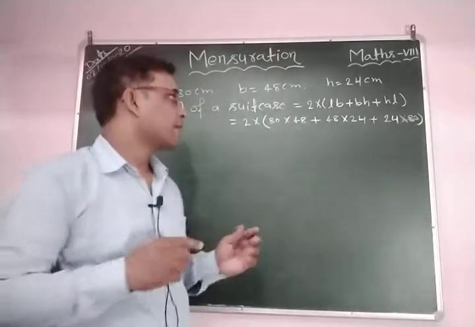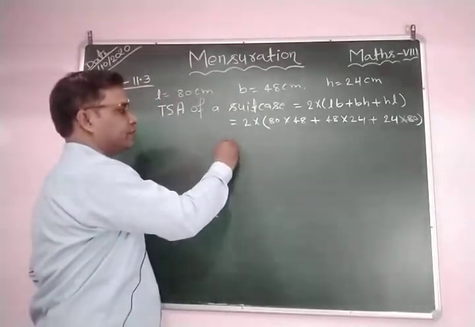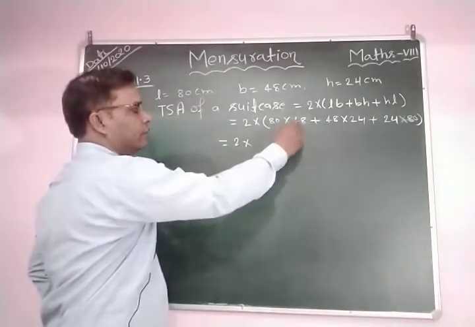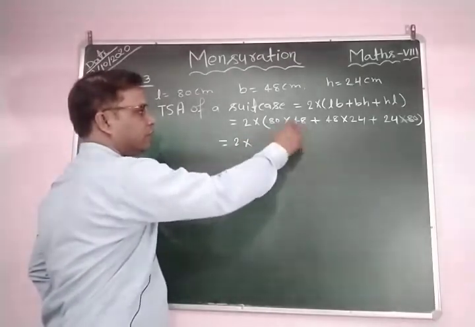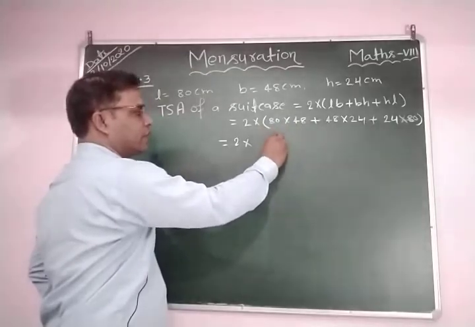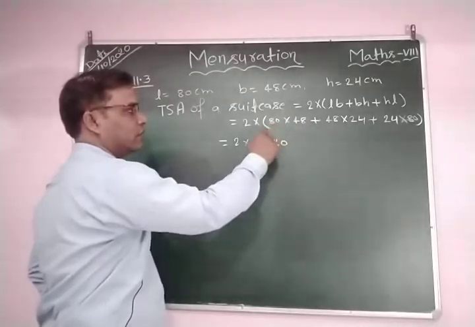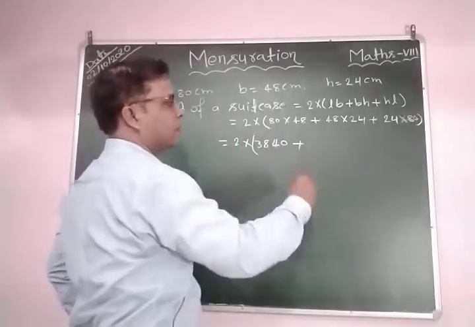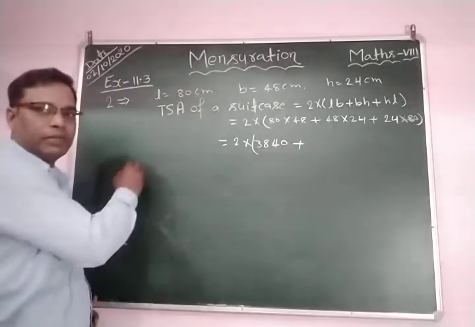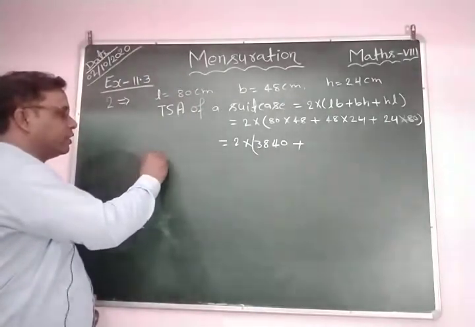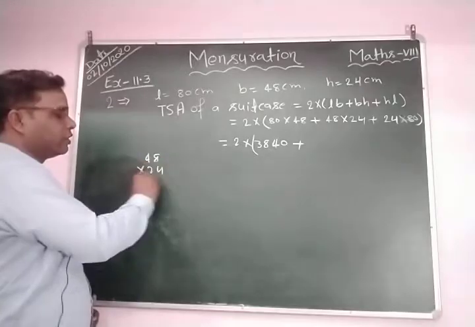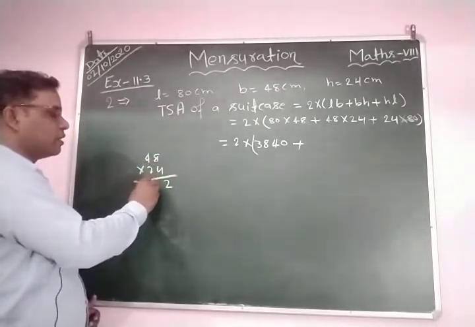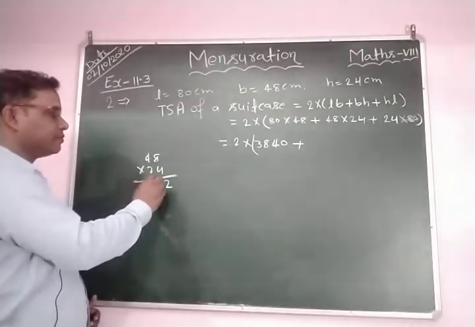Then we obtain here, you can see this is 2 into 80 into 48. 0, 8 into 8 is 64, carry 6, 8 into 4 is 32, this is 38. Again plus 24 into 48, you can multiply here 48 into 24. 4 8s are 32, carry 3, 4 4s are 16, plus 3 is 19, 192.